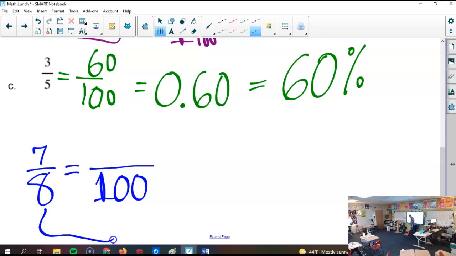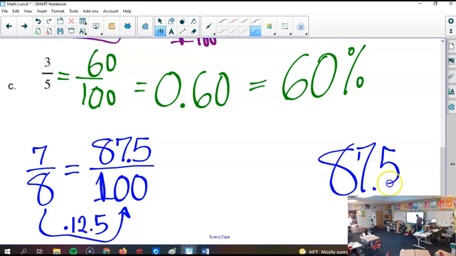So 8 to 100, if I check that in my calculator, do the division backwards, it's times 12.5, which gives me 87.5. A decimal in my fraction is bad, but anything over 100 is your percent. So go ahead and write that out here. 87.5%. This fraction's not nice, but it tells us our percent.